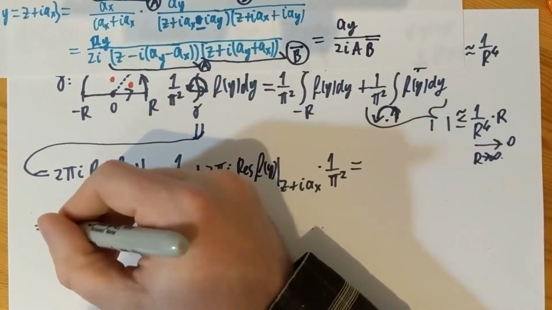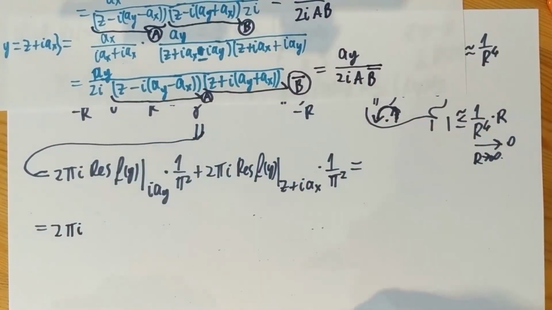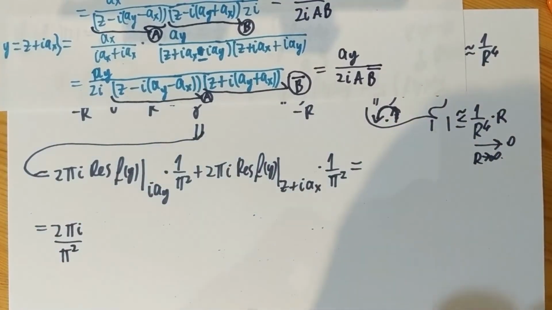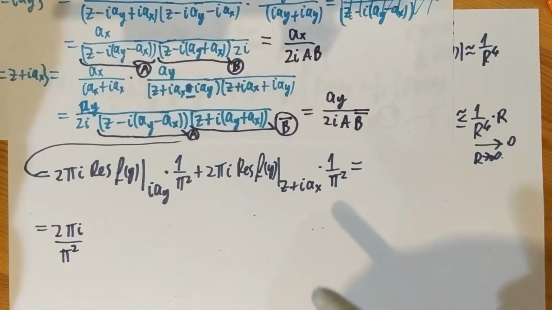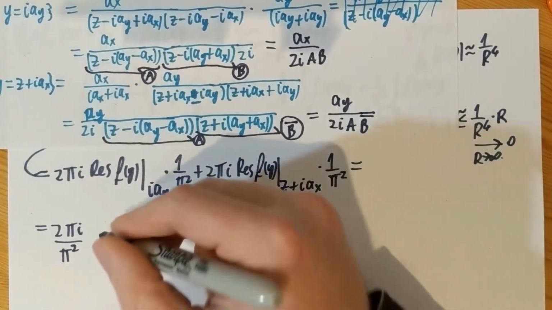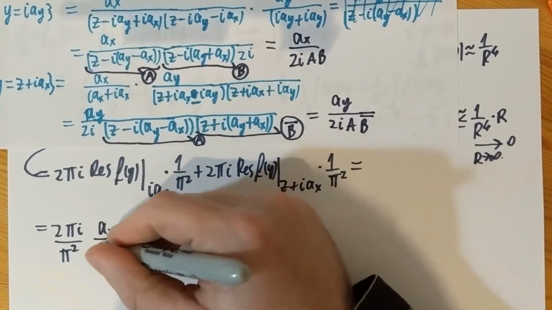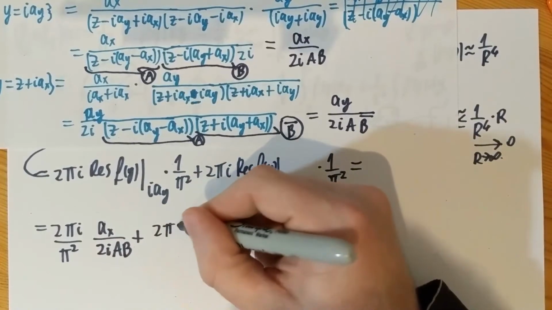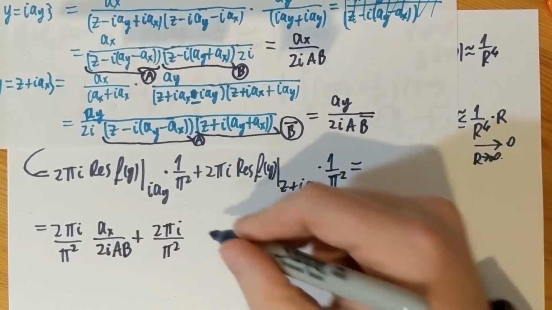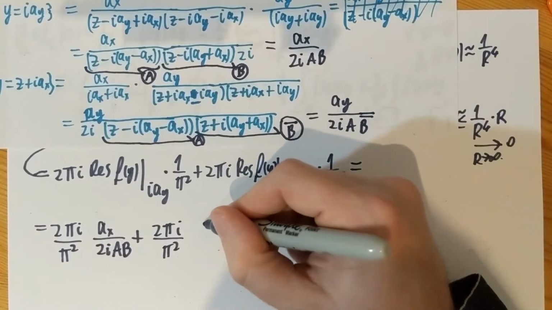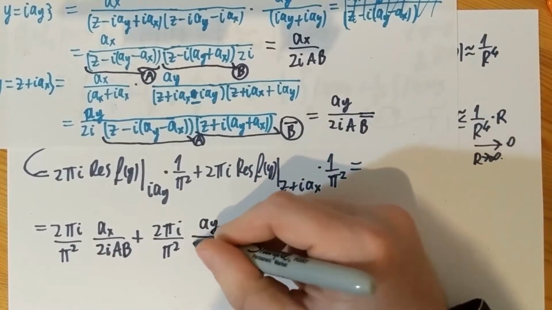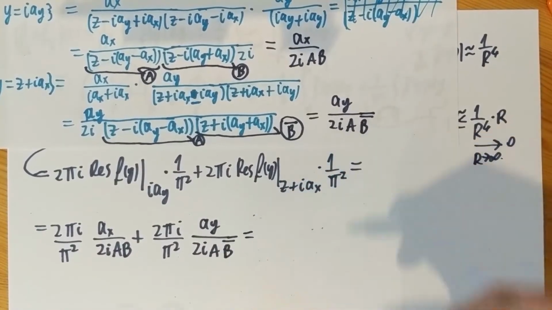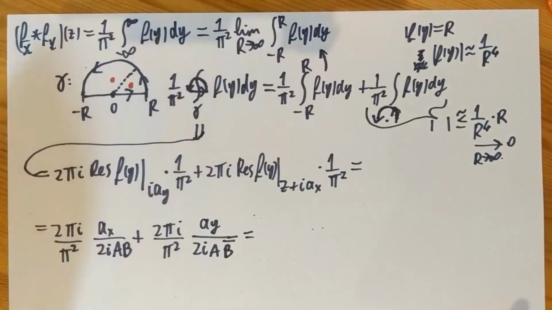So I have 2 pi i over pi squared. Okay, we're going to simplify with the pi in a second. But let's do the first one. So ax over 2iAB. And then here I have the 2 pi i over pi squared again, and the other one ay over 2i A and the complex conjugate of B. Okay, so what is this?